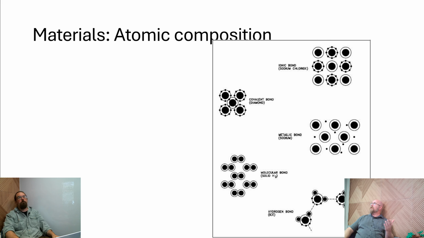So here's an example of some things: an ionic bond, where basically all of the electrons migrate to one atom over the other. And in the covalent bond you see the electrons being shared between individual atoms. The metallic bond has free-floating electrons in there.